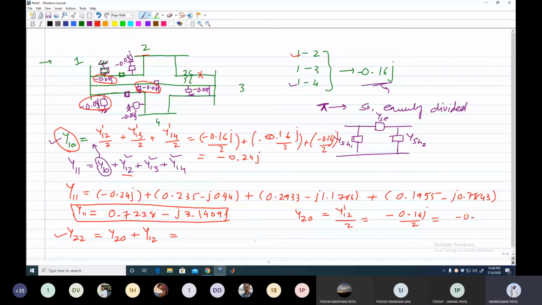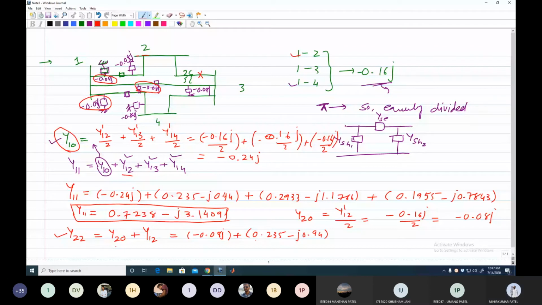So here you can write Y20 is equal to 0.08 j, and you have already derived the other part, 0.235 minus j 0.94. So what is the final answer for Y22?